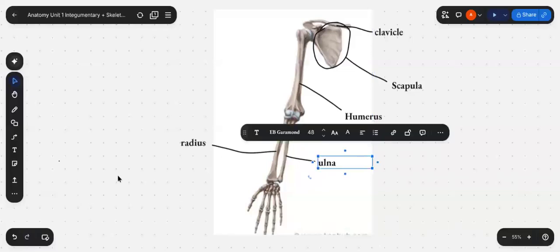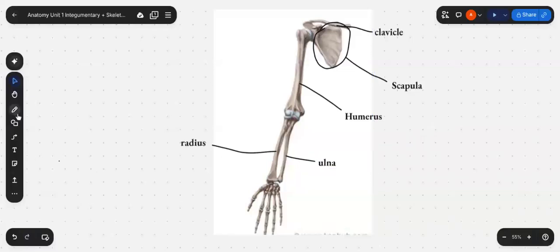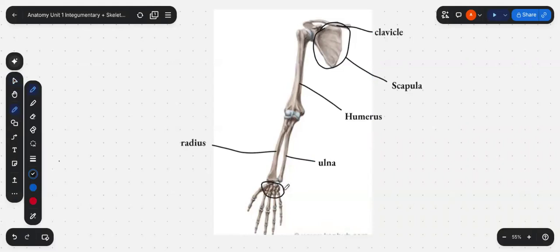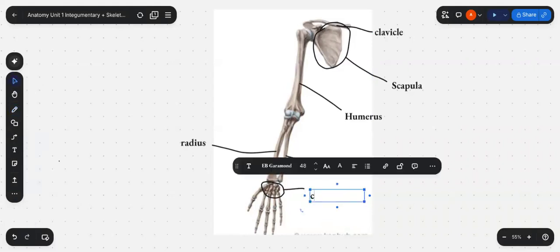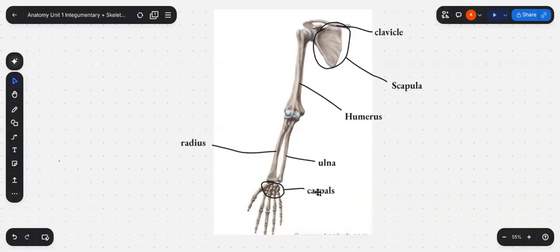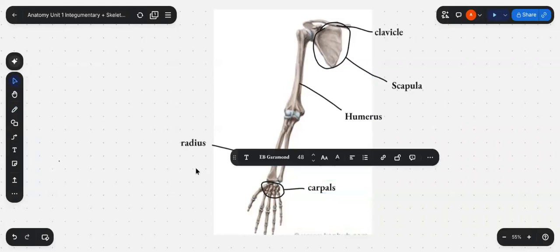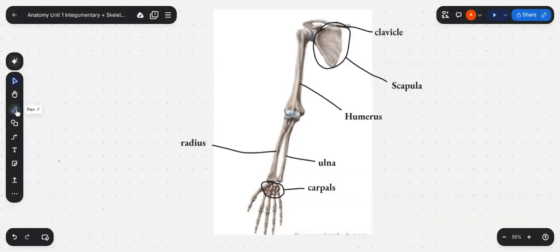Now, similar to the ankles and the bones of the foot, you have your carpals. So, unlike tarsals for the ankle, the wrist has carpals. So, just change that one little letter, and it's very simple to remember. And I like how it goes hand in hand.